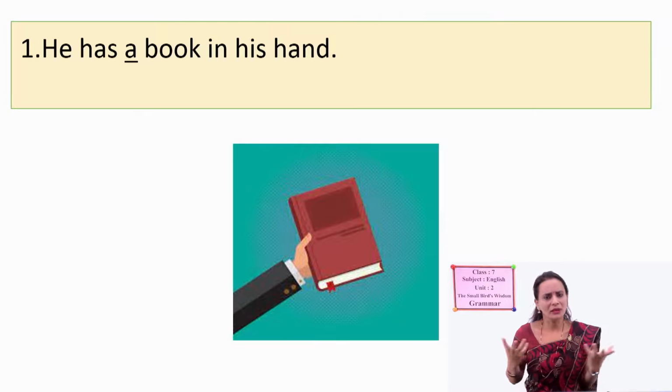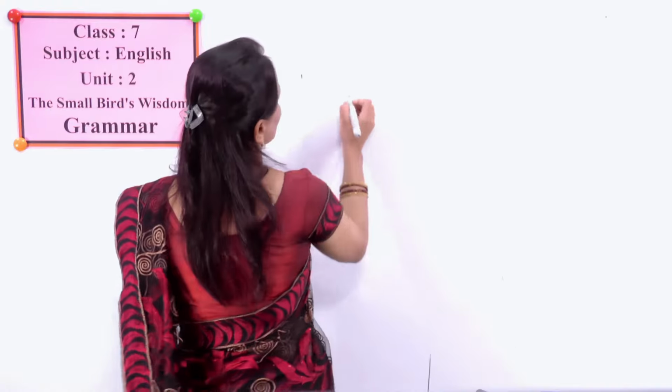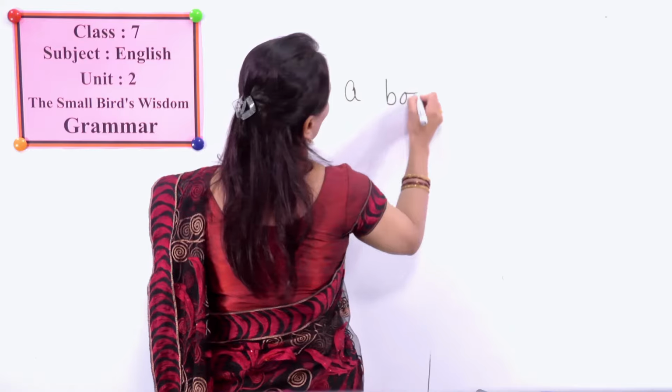A book means how many books? Just one book, isn't it? One book. And a. Why is it a in front of book?